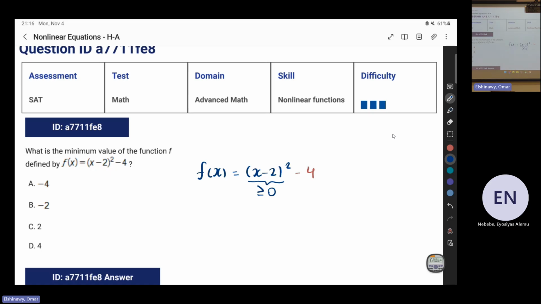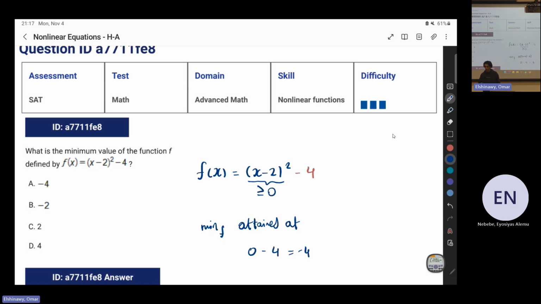When x is equal to 2, this thing is at its minimum. This thing is greater than or equal to 0, so its minimum is 0. So the minimum of f is attained at 0 minus 4. So minus 4.